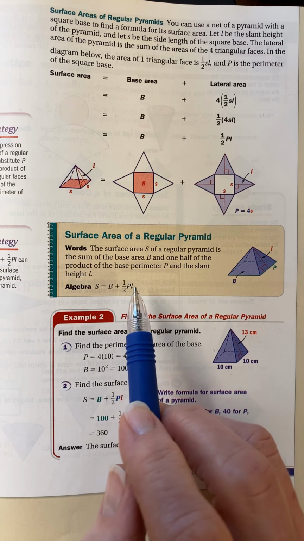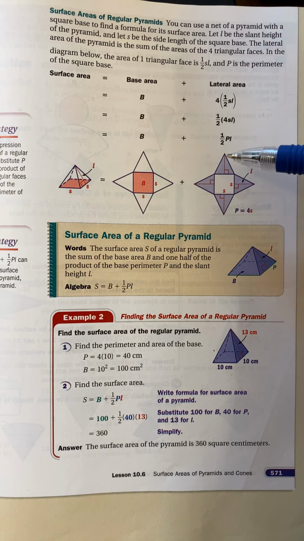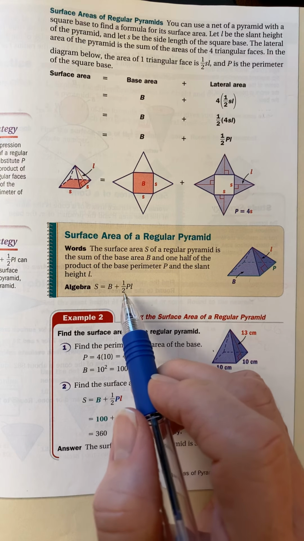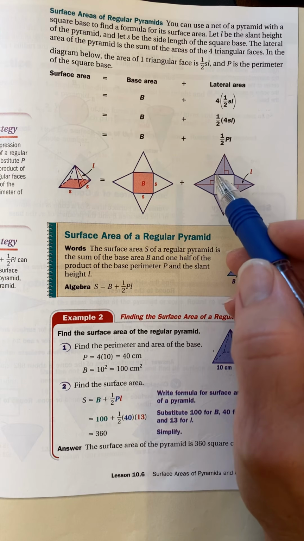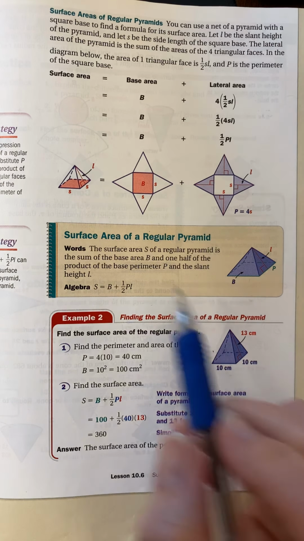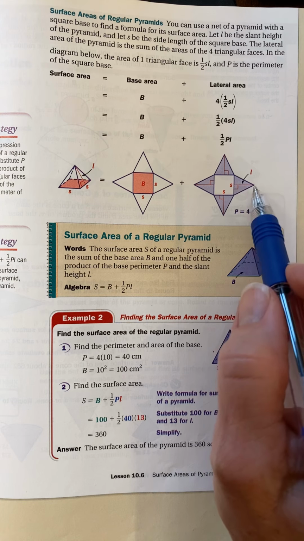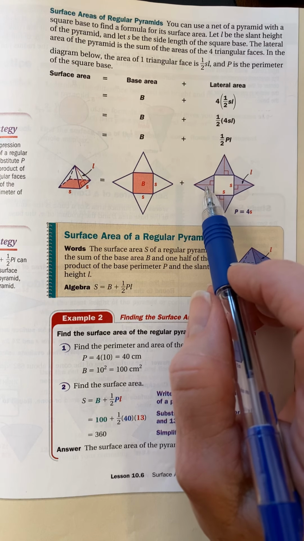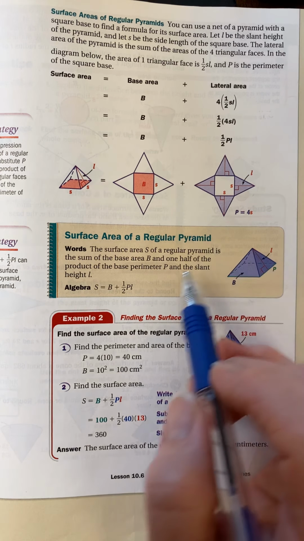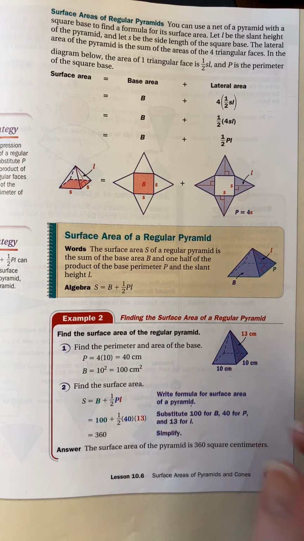And then times L, the slant height, which remember is the height of that side if you laid it flat. 1/2 PL. Remember, the 1/2 comes from the shape of this being a triangle, 1/2 the base times the height. And why do they use P instead of doing 1/2 SL plus 1/2 SL plus 1/2 SL plus 1/2 SL? That's 4, right? They just said take 1/2 of all of it, and this works.